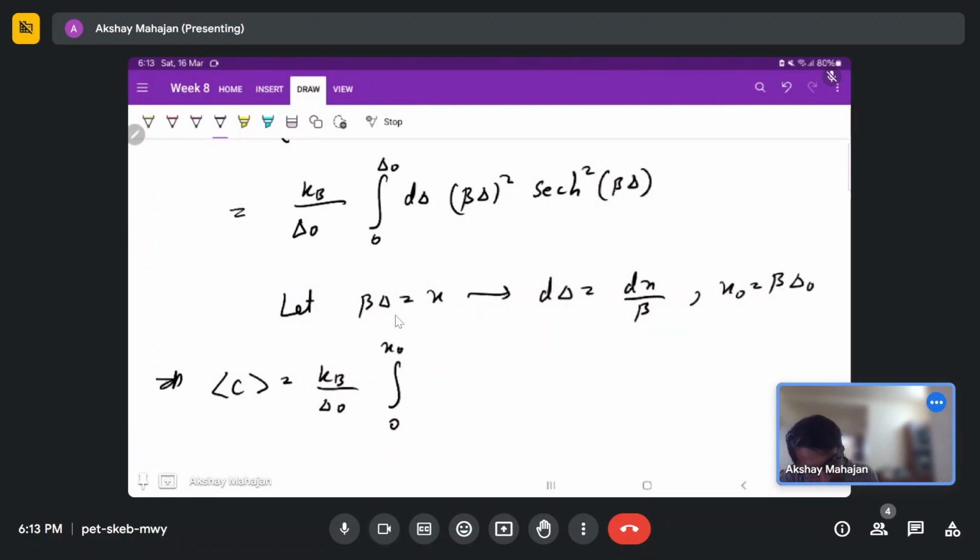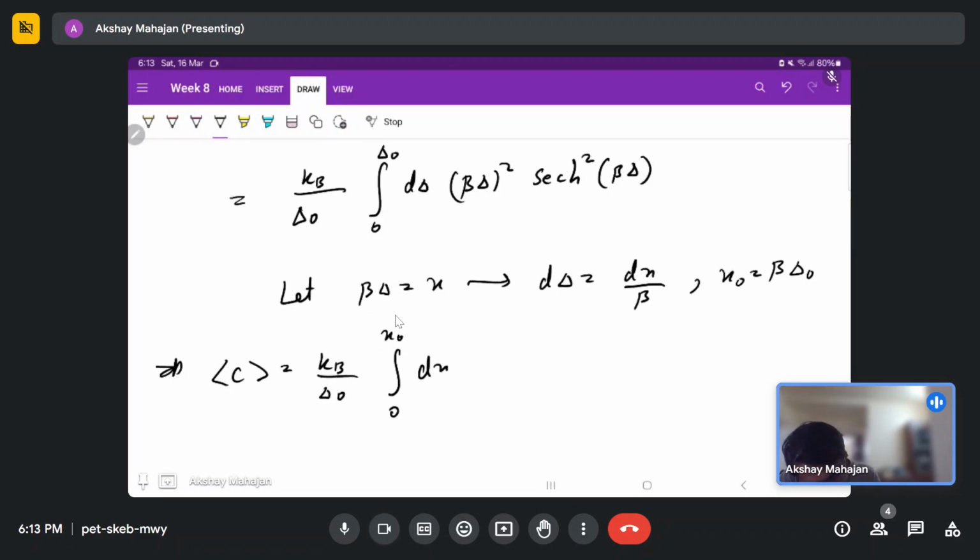I will just write it as x naught dx by beta. It will be x square sec hyperbolic x whole square. Okay, we are out of time today, but we'll just complete this problem.